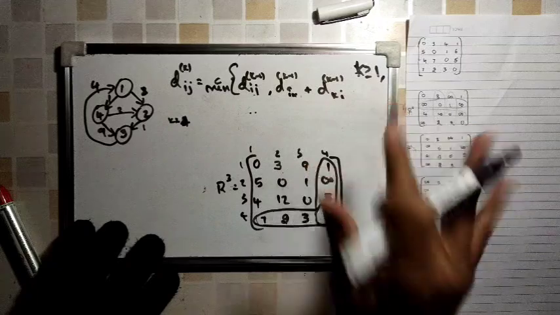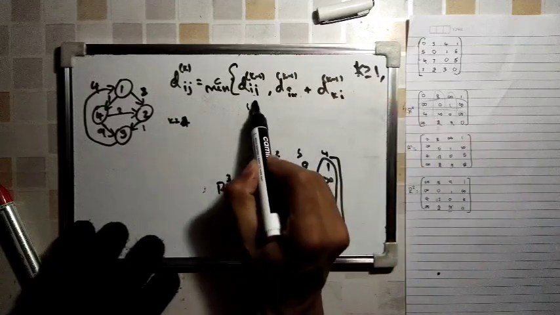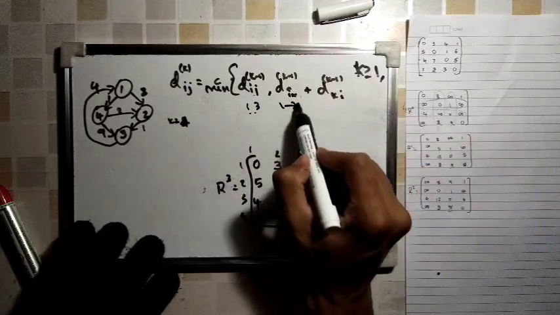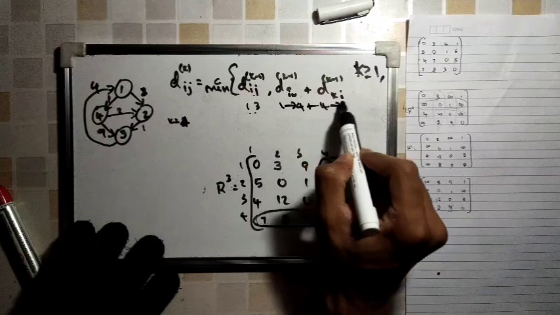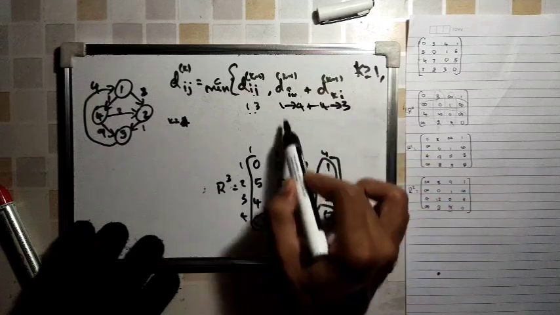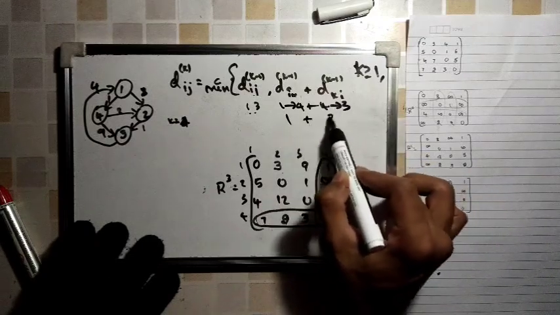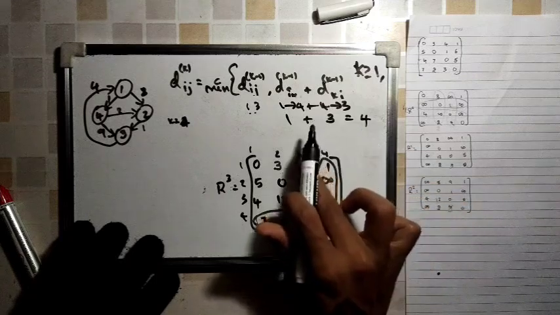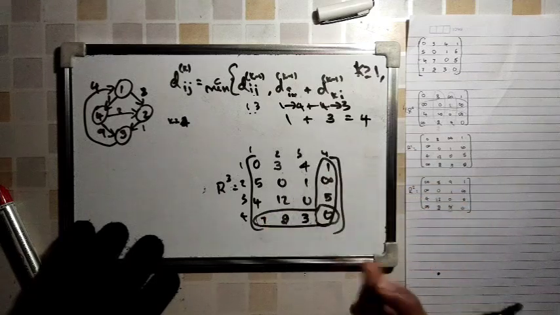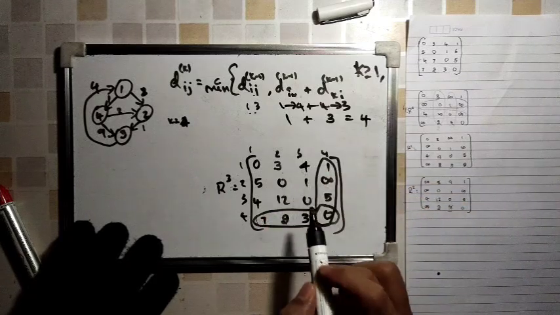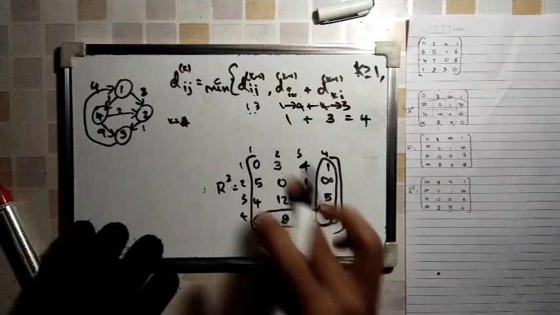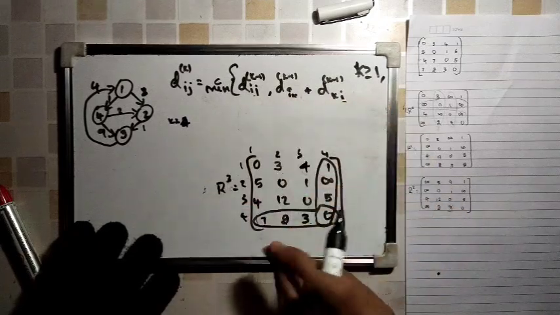So now let us come to this 1 3. Okay. 1 to 4 plus 4 to 3. 1 to 4 is 1 and plus 4 to 3 is 3, which gives me 4. So this will change to 4 now. Okay. Then anything else? So this one. This is 12. It should be 7 actually. How do we know it's 7?